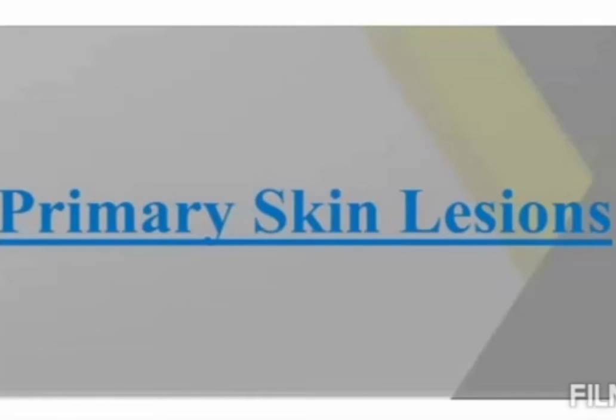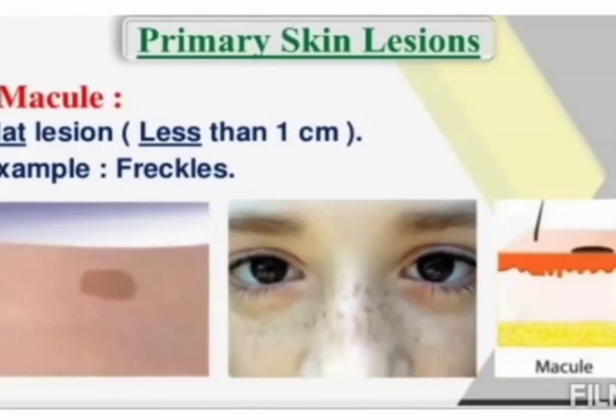Now we can start with the primary skin lesions. As the name indicates, a primary skin lesion occurs primarily due to an infection or some pathology. The first skin condition under primary skin lesions is the macule. A macule is a flat lesion that is less than 1 centimeter. An example is freckles.